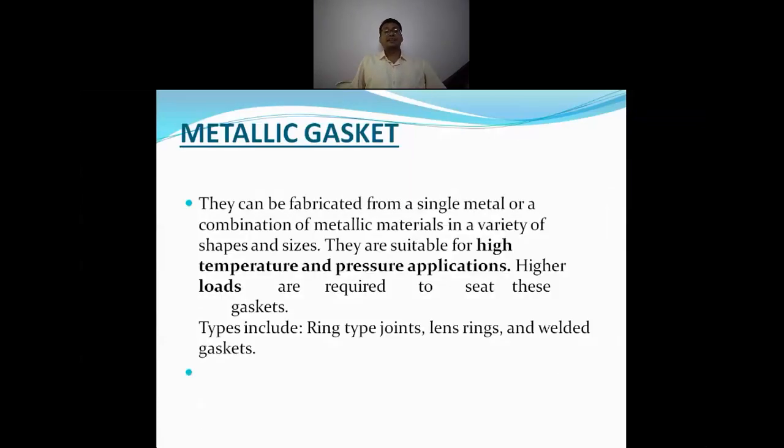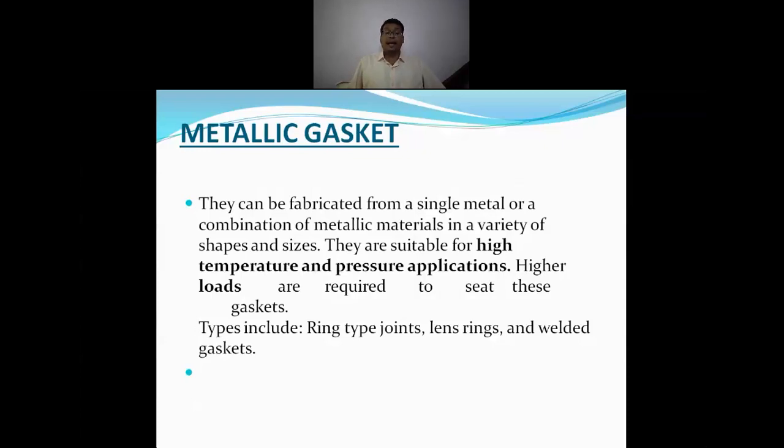The next category is the metallic gaskets. They can be fabricated from a single metal or a combination of metallic materials in a variety of shapes and sizes. They are suitable for high temperature and high pressure applications.